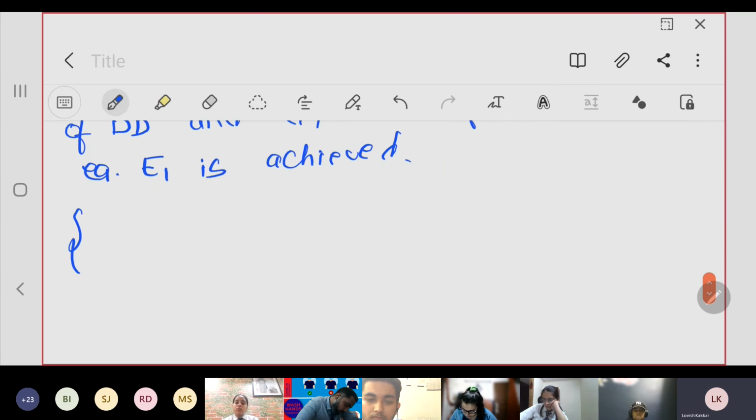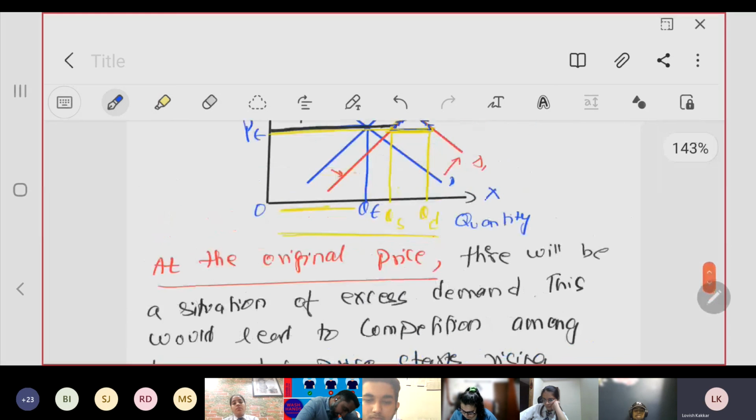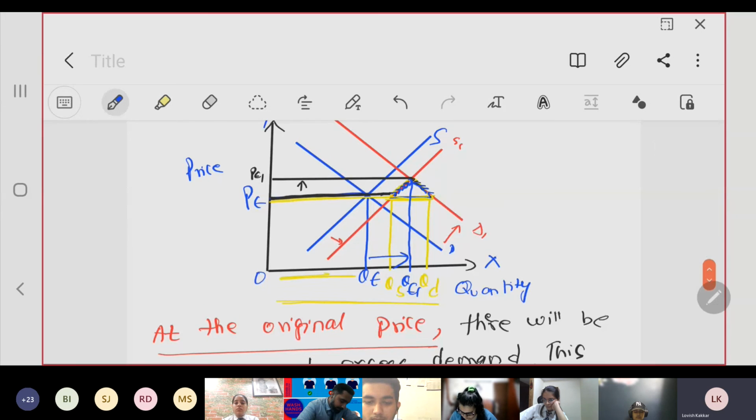And the concluding line, what happens? This is the new quantity now. So quantity clearly increases and price also increases.